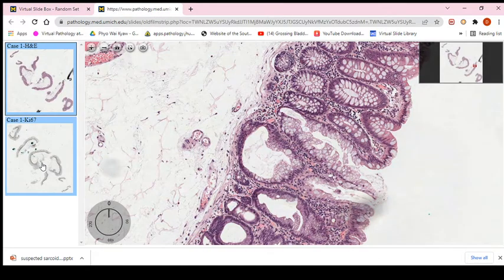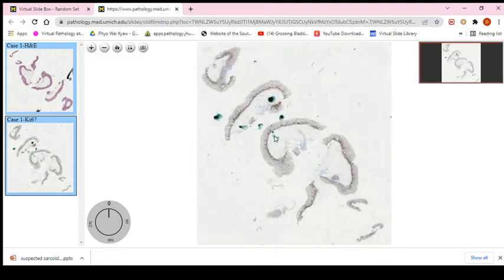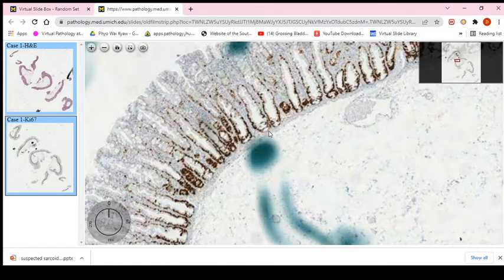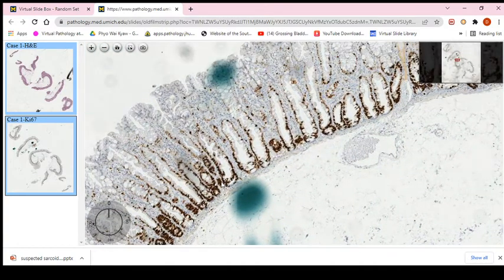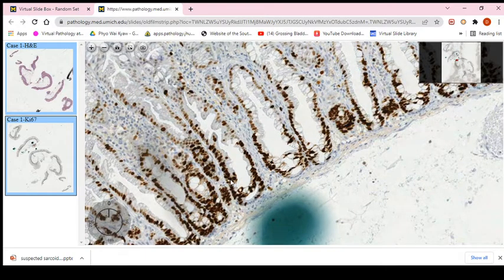I think there is another thing, another stain, an immunohistochemical stain, which is Ki-67 in this case. The purpose of Ki-67 is to highlight the fact that one side of the crypt, such as this one, has an increased number of proliferative cells compared with the other side.